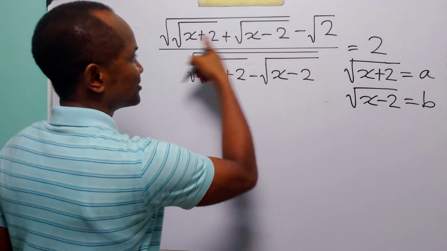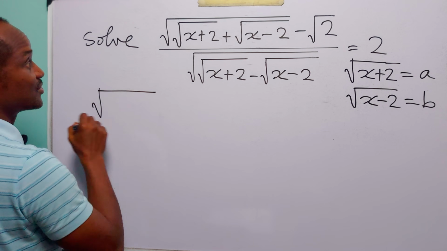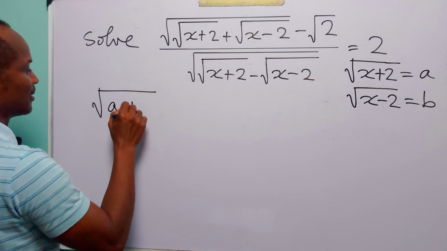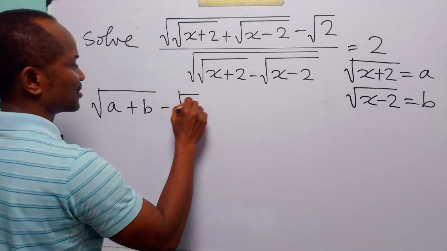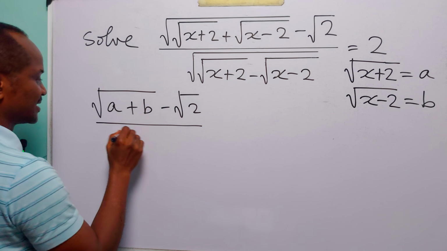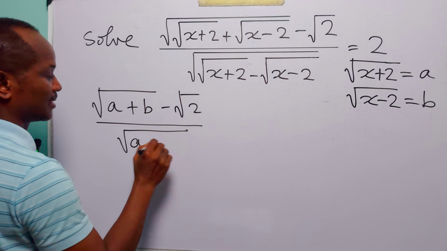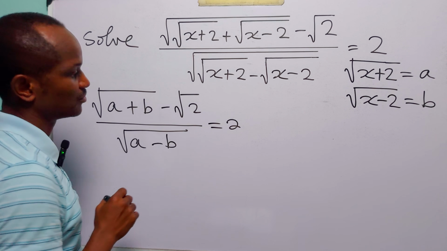Now we can rewrite the original equation as the square root of a plus b minus root 2 over the square root of a minus b is equal to 2.